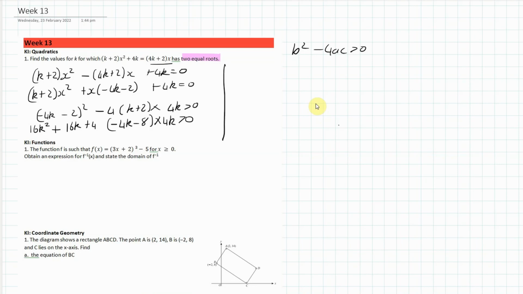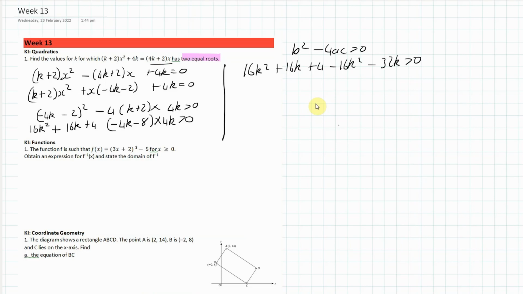So let's move over to here, and so we get 16k squared plus 16k plus 4 minus 16k squared minus 32k is greater than 0.